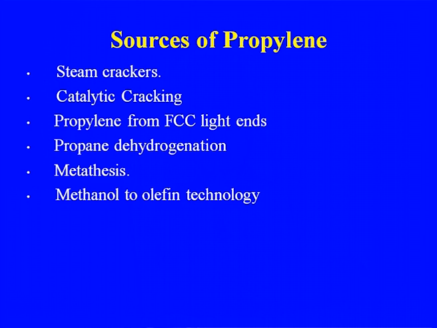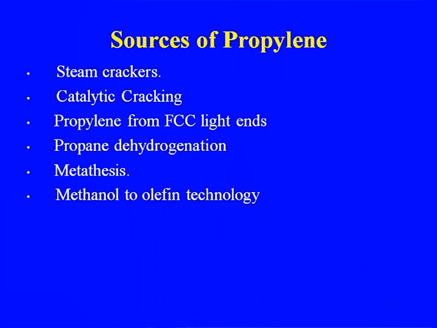Catalytic cracking means, in the case of the steam cracker also, the catalyst is now available where you can do the catalytic cracking of the naphtha instead of only the steam cracking, so that there is more selective production of propylene, or just an equal 1:1 proportion of the propylene.